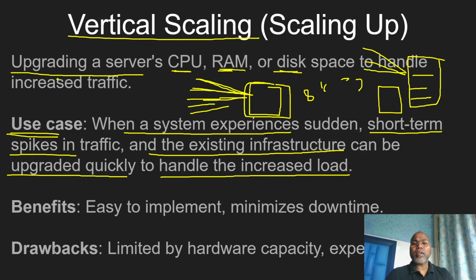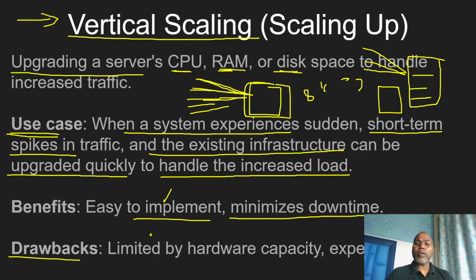This kind of scaling is very simple, easy to implement, and also minimizes downtime. Whenever you do anything, it has some benefits or advantages. So what is the benefit? It is easy to implement. What is the disadvantage, the drawback? The drawback is that it is limited by the hardware capacity and is expensive.